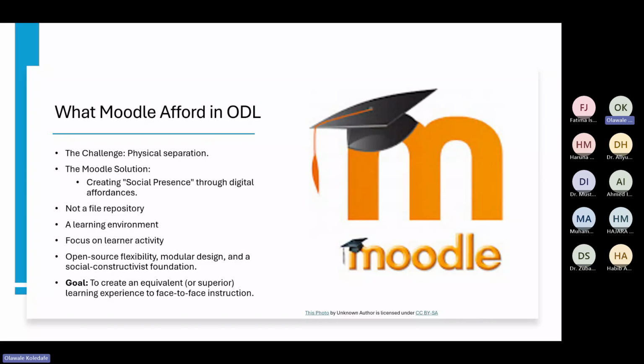But generally, in the context of open and distance learning, there is something we call open pedagogical practices, OPP. In the extreme of OPP, students have absolute control, even to the duration of the program.